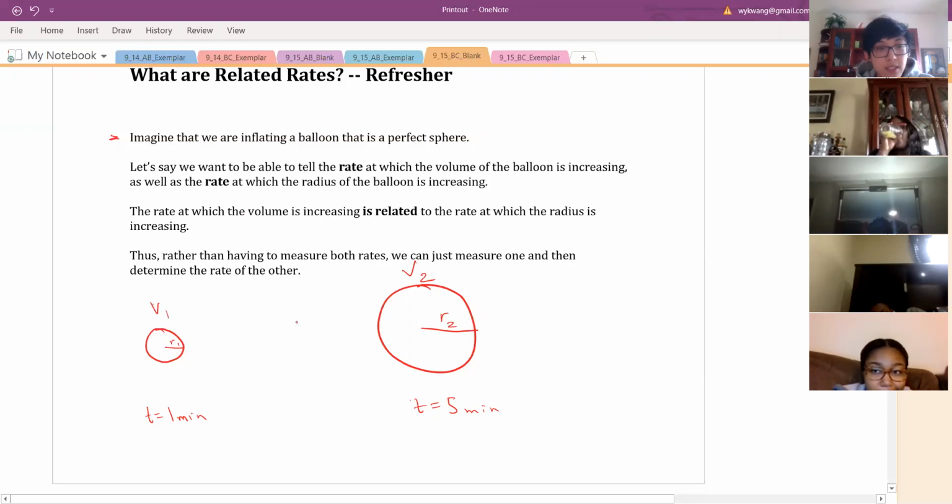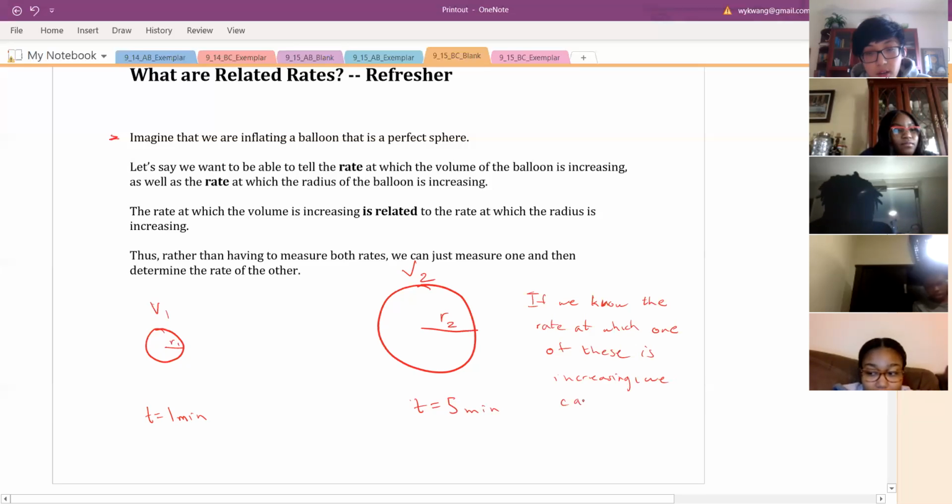So the idea is basically if we know the rate at which either volume or the radius, one of these, is increasing, we can calculate for the other.